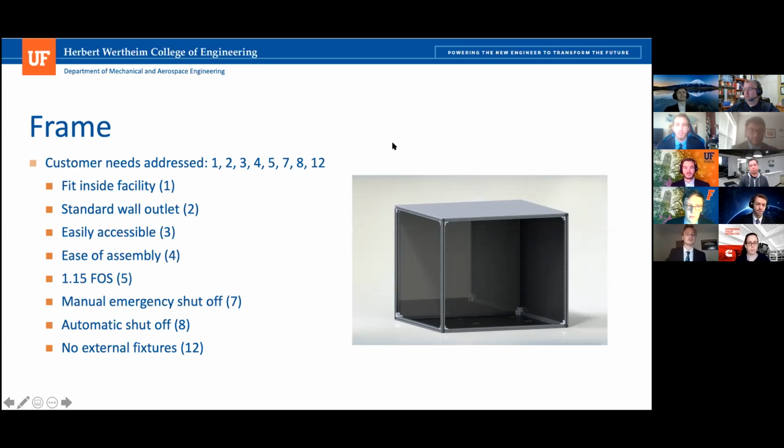We wanted to have a 1.15 factor of safety to ensure that the structure is safe to use. We also wanted to have a manual emergency shutoff, as well as an automatic shutoff, and wanted to have no external fixtures.